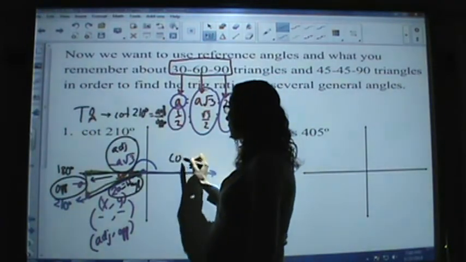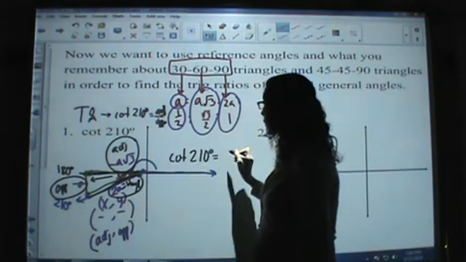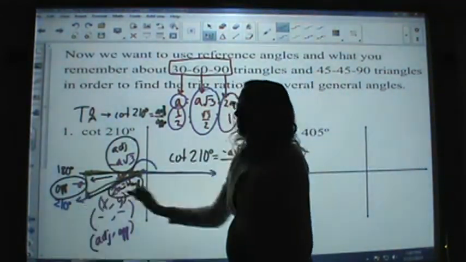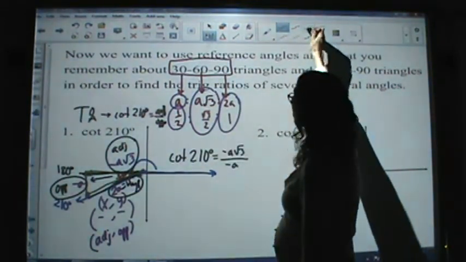So the cotangent of 210 degrees would be the side adjacent, which is negative A root 3, over the side opposite, negative A.